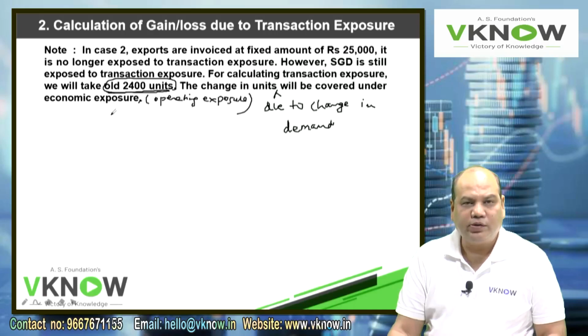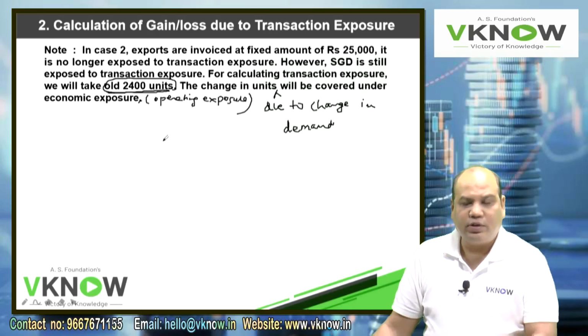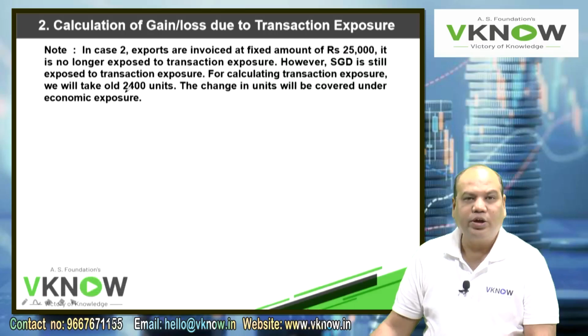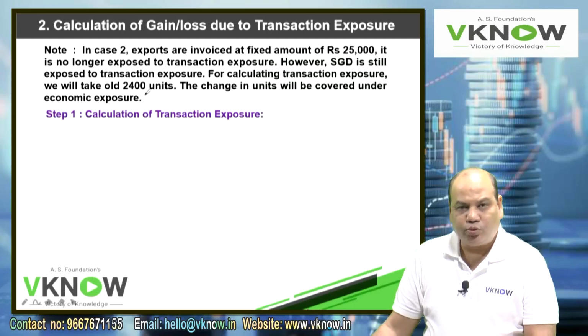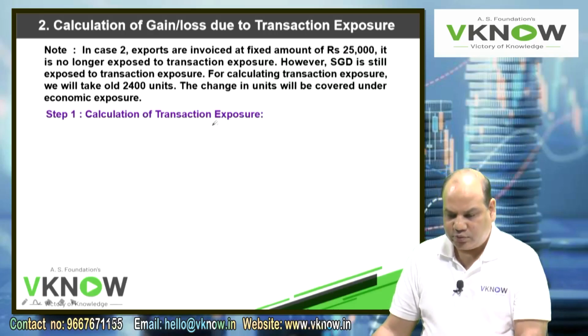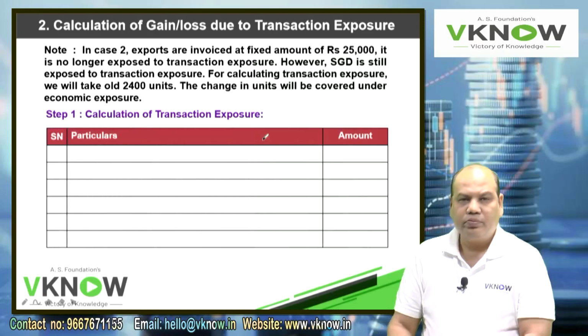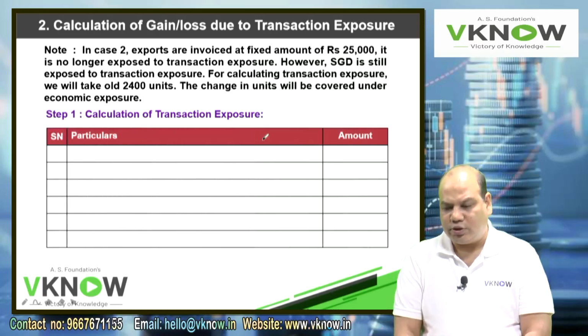All the effect of price elasticity of demand and change in demand will be covered separately. Right now our calculation will be based on the original quantity of 2400 units. So we have to divide the total exposure into transaction exposure and operating exposure. Write down step number 1, calculation of transaction exposure.